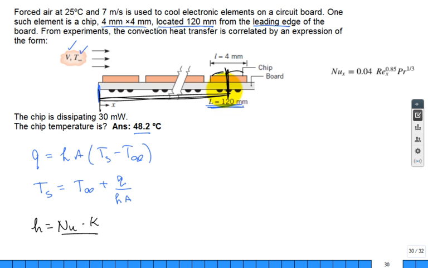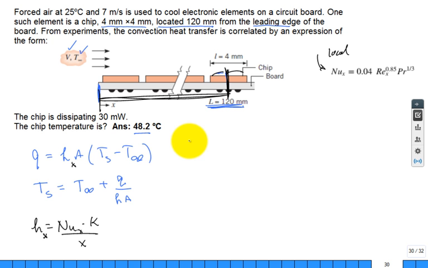So here it'll be h_x, you divide by x, the length scale. So that was a big decision point, because this is a local Nusselt number equation. Thankfully, I don't have to average it. I just have to use it. Okay. So I need to use this equation to get Nusselt so I can get h.